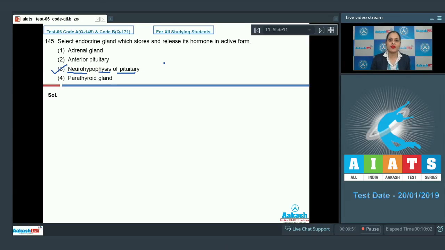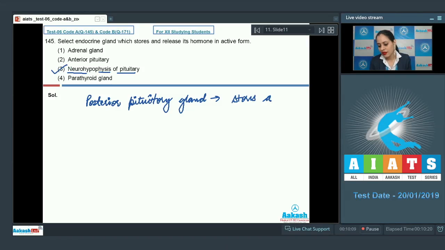Because this neurohypophysis of pituitary or posterior pituitary gland stores and releases which hormones? Hypothalamic hormones.